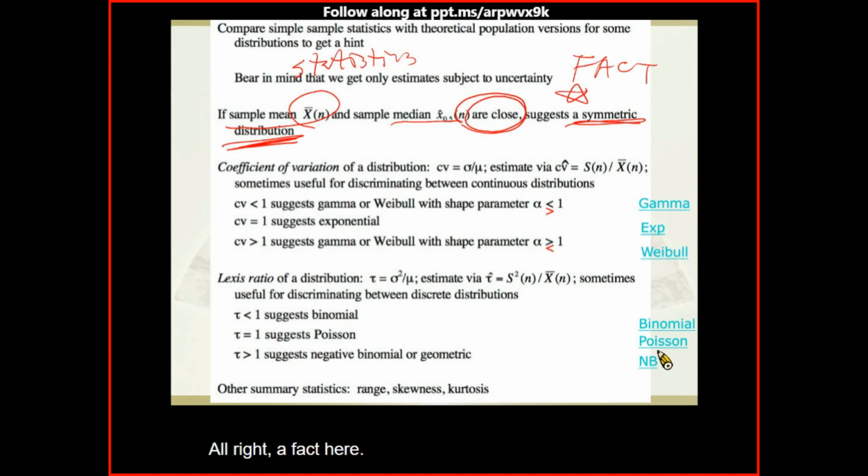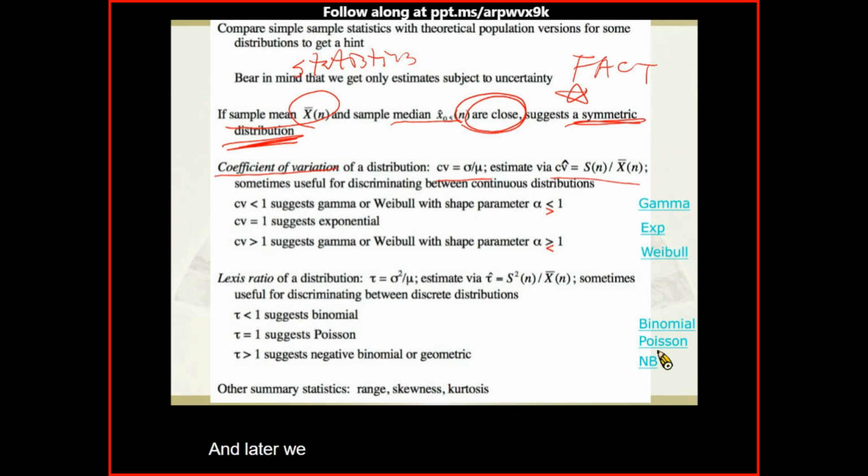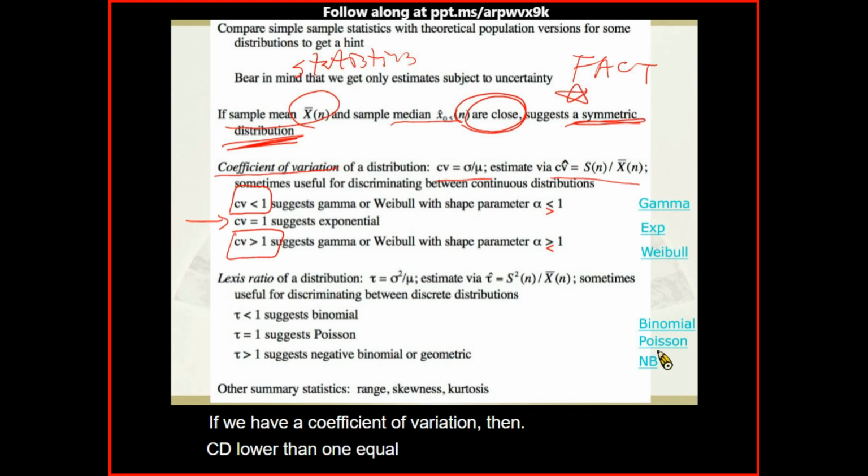And another fact here, we can use coefficient of variation. Here we have the definition. And later we can visit table 3.5, and then we can know the definition. If we have a coefficient of variation, CV lower than 1, equal to 1, and greater than 1, then we will have the suggestion.